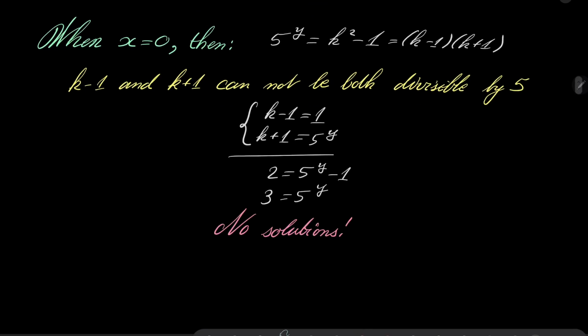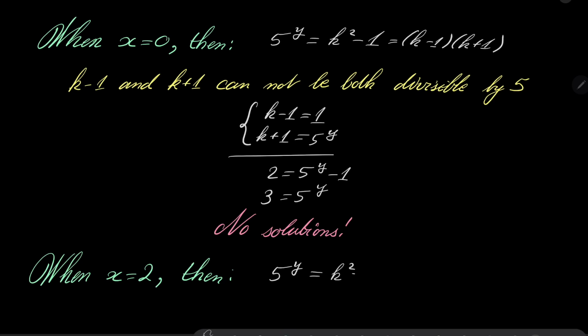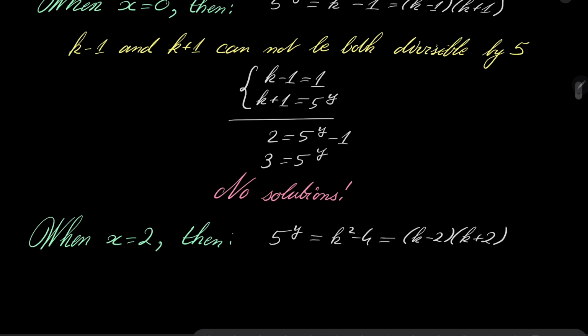Alright, what happens when x is equal to 2? Notice that there is no need to consider x equals 1 because we know that x is even. When x is equal to 2, then 5 to the power of y equals k squared minus 4, which is k minus 2, k plus 2. And notice once again, these two numbers differ by 4 this time.